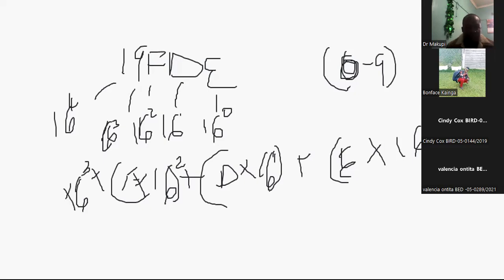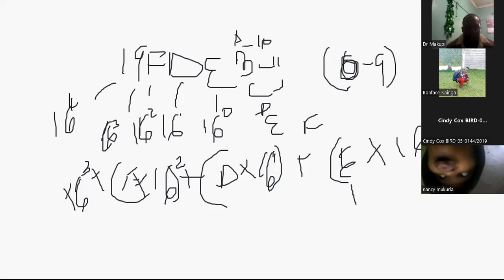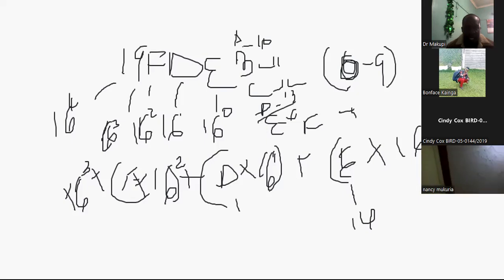But as soon as you finish the expansion, you can replace, knowing that A, B, C, D, E, F: A is 10, 11, 12, 13, 14, and then 15. So that E is now 14, D is 13, you replace, and then F is 15.